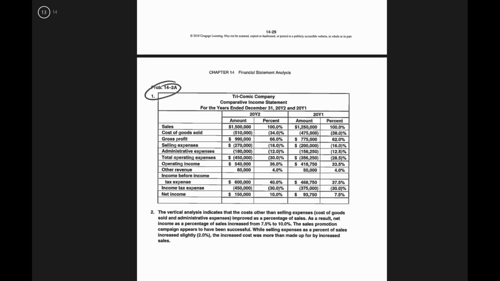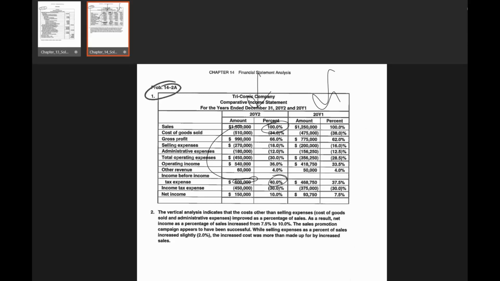Problem number 2A is looking at vertical analysis. Again, everything as a percentage of sales, 100%. And we calculate, so for instance, income before income tax, 600,000 as a percent of 1.5 million is 40%. So we're calculating it for both years.